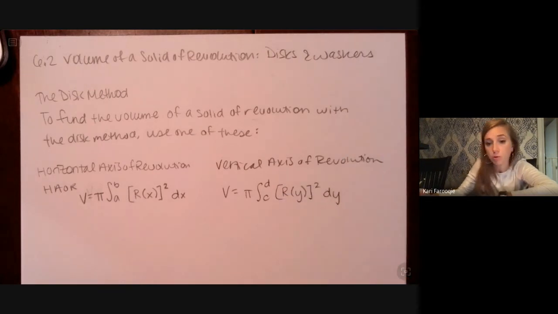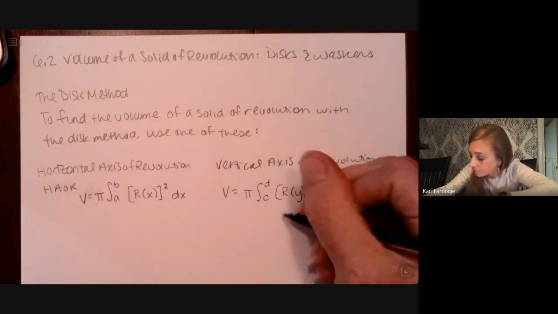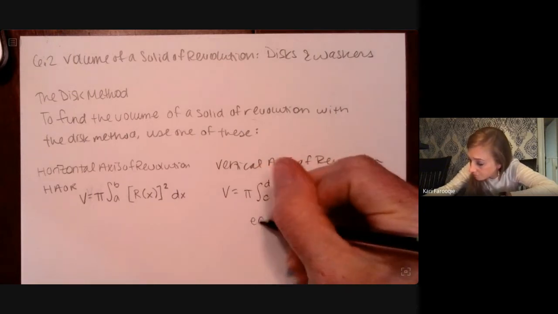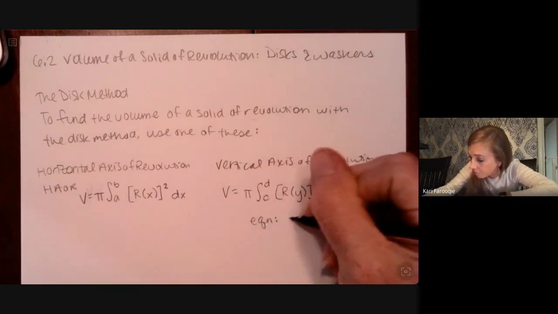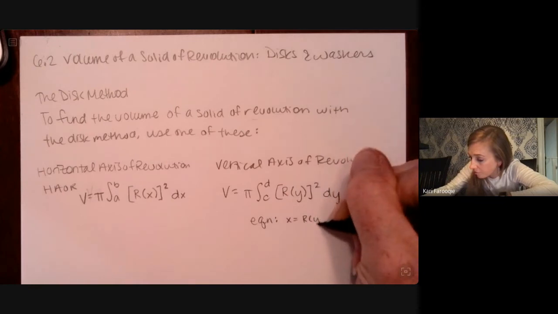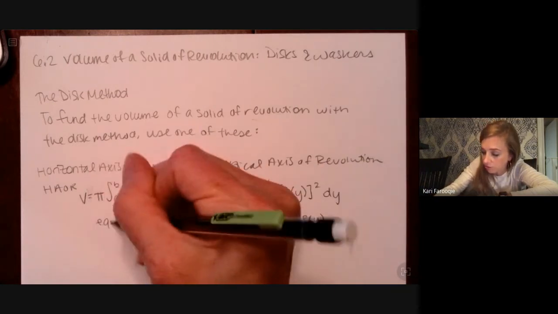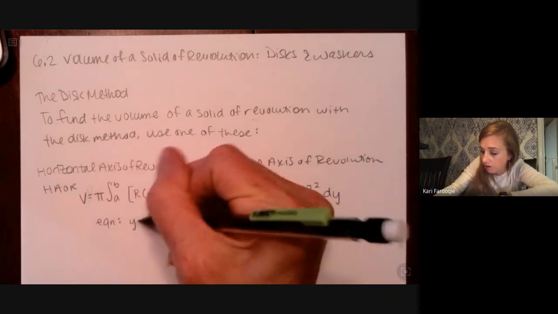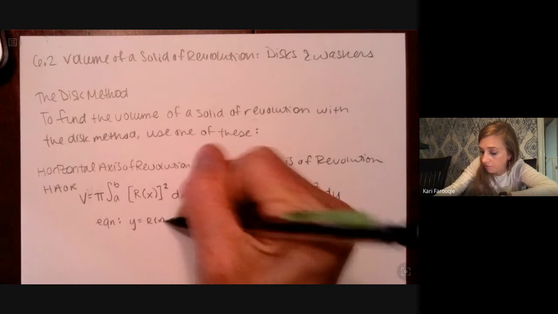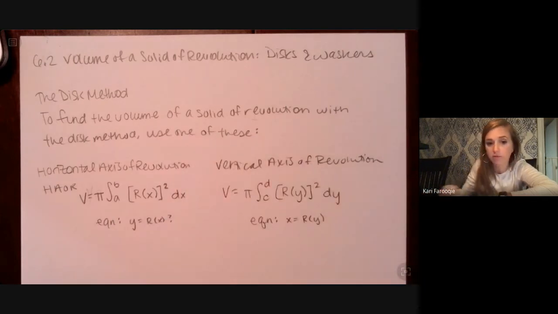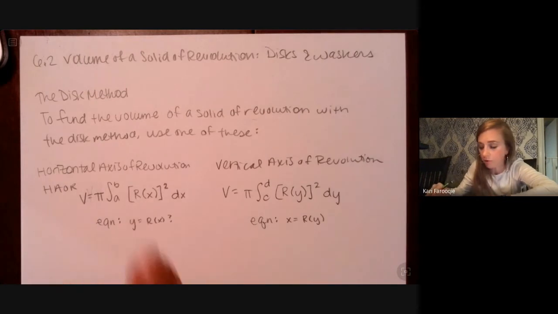That means that your equation is x equals some function of y. And then here your equation would be y equals some function of x. This is the form of your equation: y equals some function of x, or x equals some function of y.